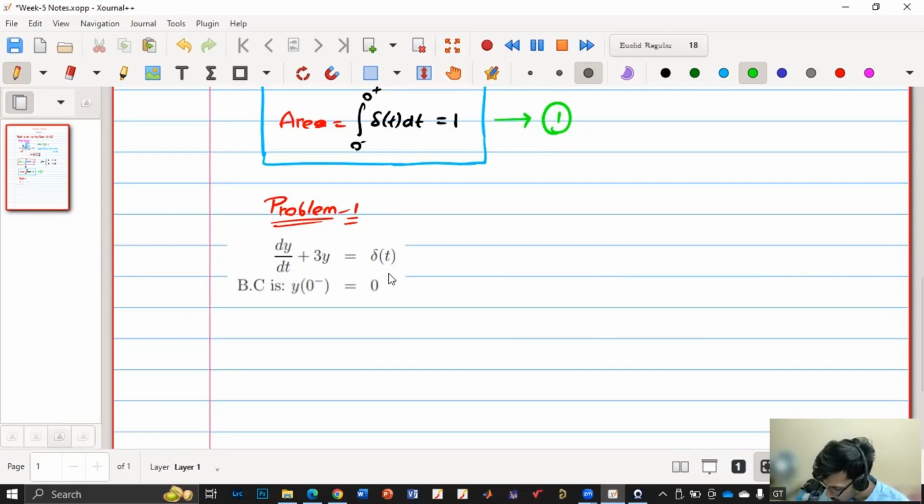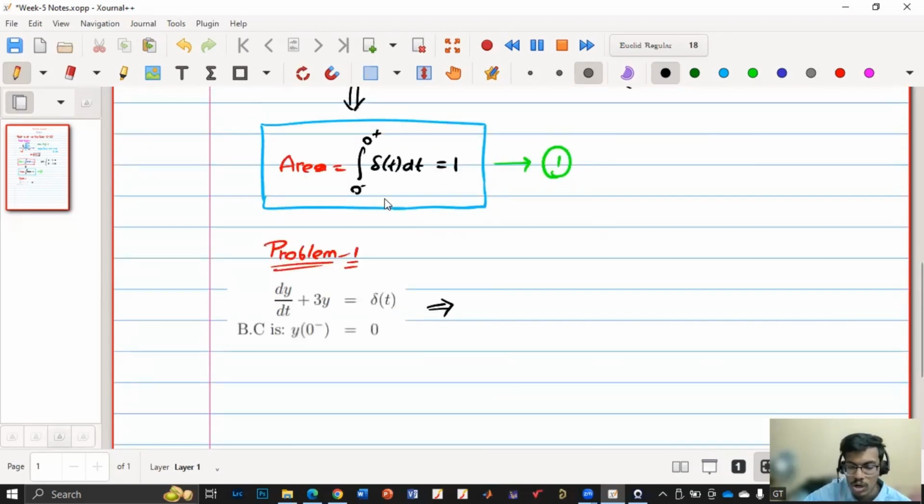So can anyone tell me how to proceed with this type of linear differential equation? Okay. I do not know the value of delta of t at t equals 0, but I know that the integral from 0 minus to 0 plus of delta of t dt is 1.